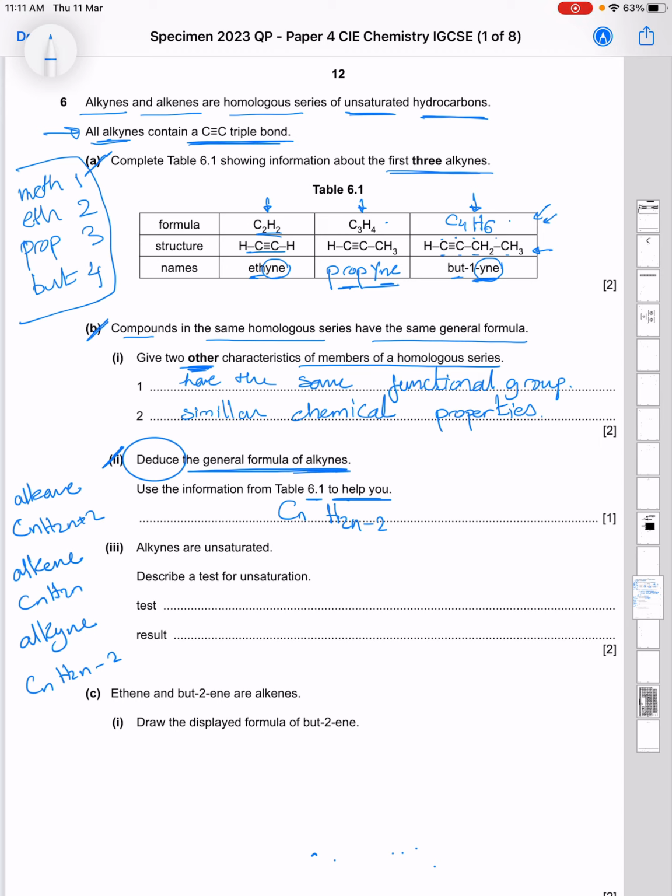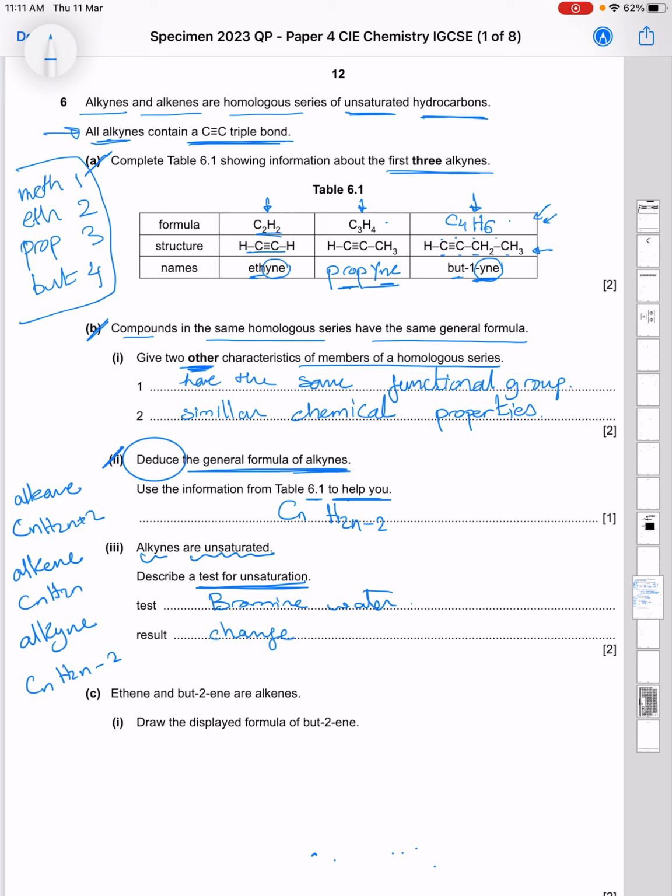Now, alkynes are unsaturated. Describe the test for unsaturation. From our knowledge, we all know the test for unsaturation, which is the bromine water test. The result, we all know it, is that it changes the orange-brown color to colorless.